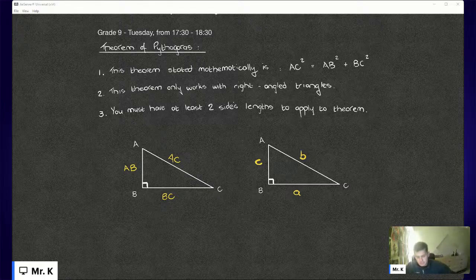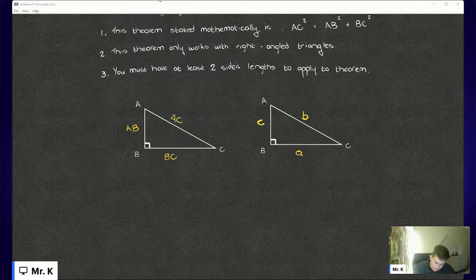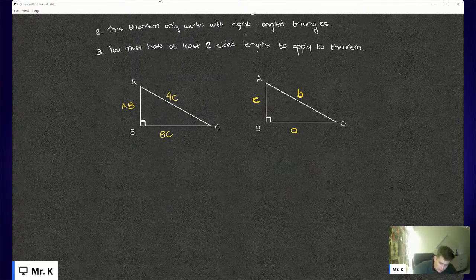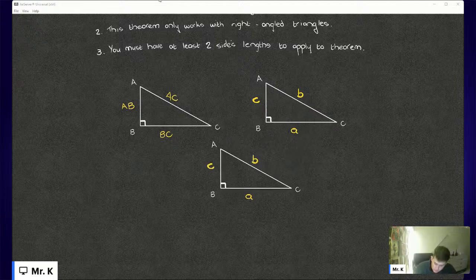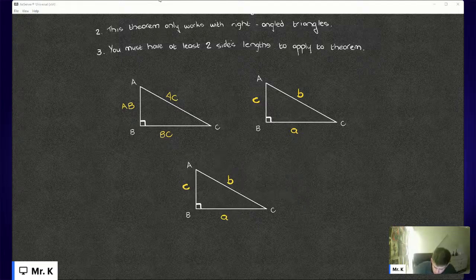The naming conventions can be a little bit confusing, but different textbooks are going to use different conventions. So let's talk about what the theorem of Pythagoras is. I'm going to make one more copy of a triangle. You do not need to copy this. Okay, just watch what I'm doing at the bottom of the screen very quickly.